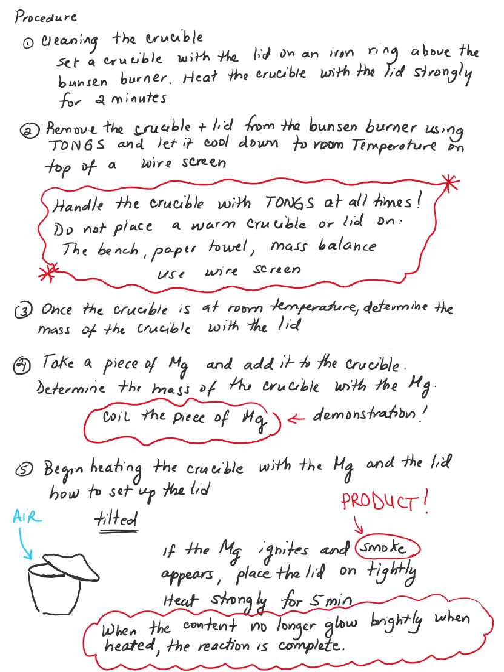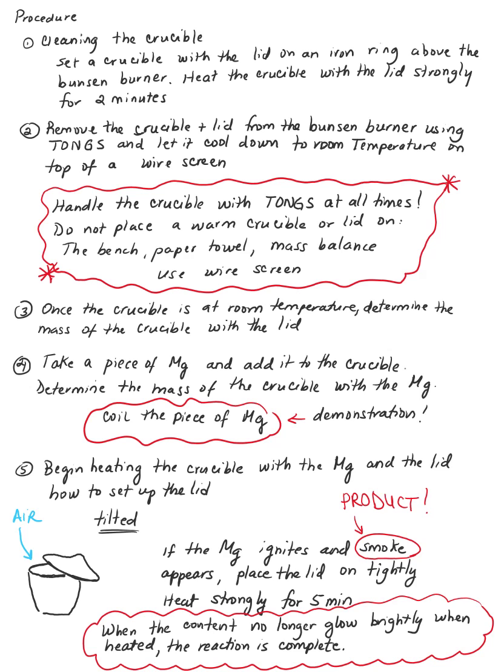After 5 minutes, when you see your magnesium glowing, time it 5 minutes, carefully use the tongs, open the lid, okay? Open the lid and see if the magnesium is still glowing.